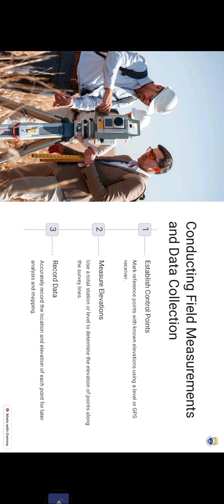Establishing control points means marking reference points with known elevations using levels or GPS receivers. Measuring elevations: use a total station or level to determine the elevations of points along the survey lines. Record data: accurately record the locations and elevations of each point for later analysis and mapping.